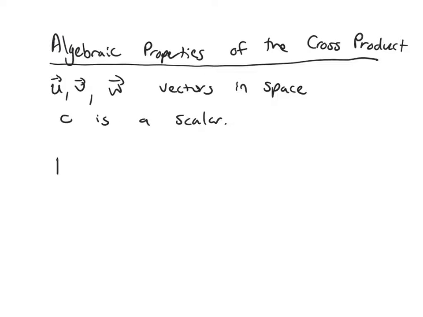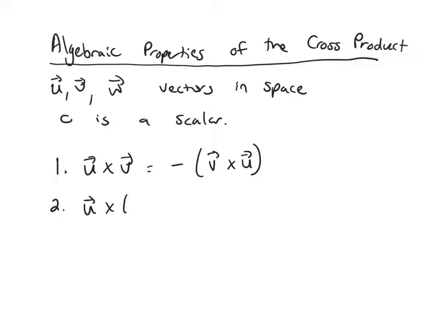So the first one is that if I take U cross V and I compare it to V cross U, they're not equal. They have opposite signs. So there's a minus out there in front. If I take U cross a summation of two vectors, you can distribute.